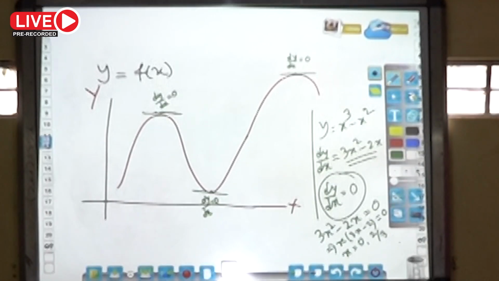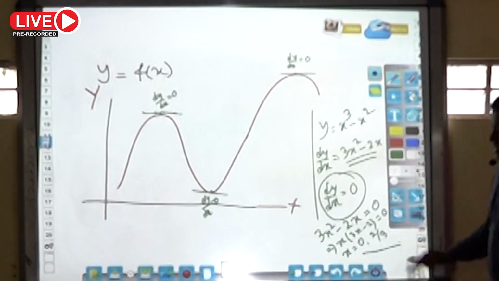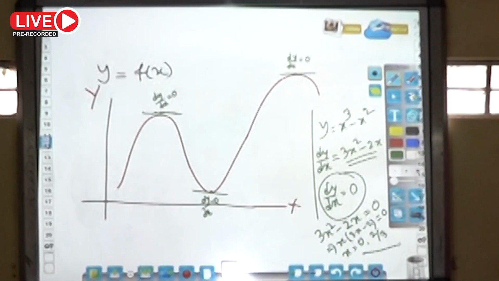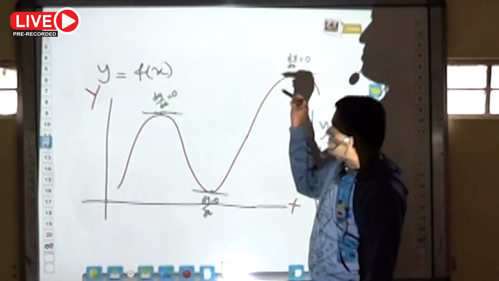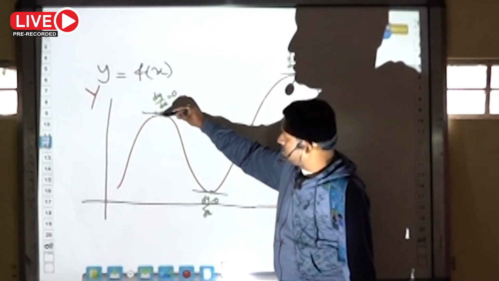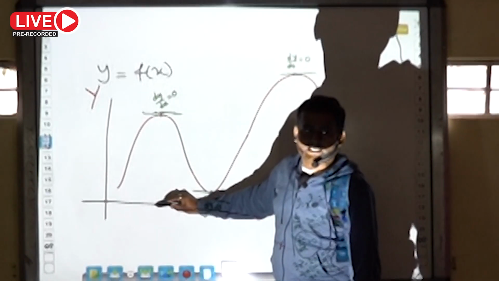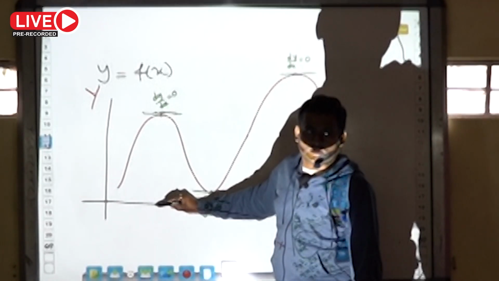Now, these points in a graph where tangents are horizontal are given a special name called stationary points. Means the graph that I describe here, this point, there is suppose a certain x value, the x coordinate of this point.